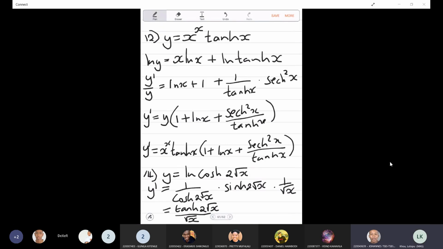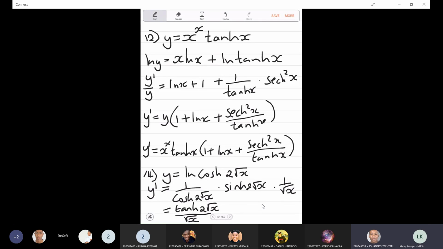Isn't it supposed to end with the square root x multiplying tanh? Because if we break it up, won't it be like square root x times sinh 2 square root x over cosh 2 square root x? Won't it be like that?